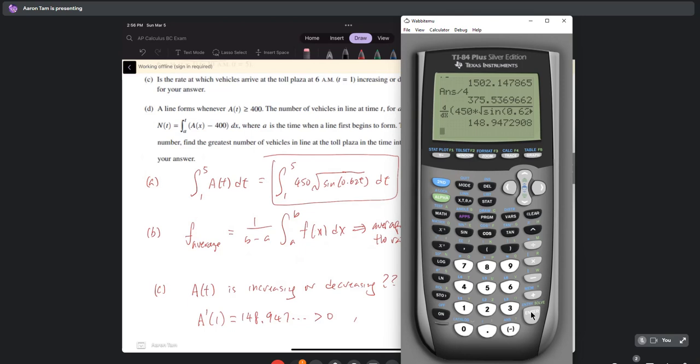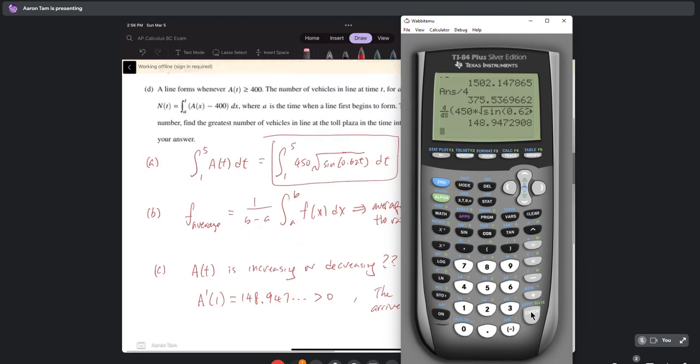So I'm going to say that the rate at which vehicles arrive at the toll plaza is increasing at 6 a.m., mainly because the derivative of A is positive, because A prime at 1 is positive.